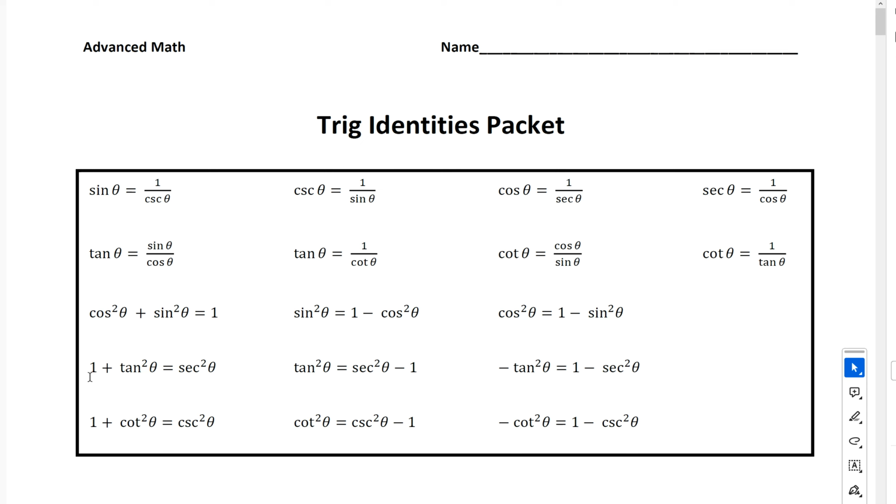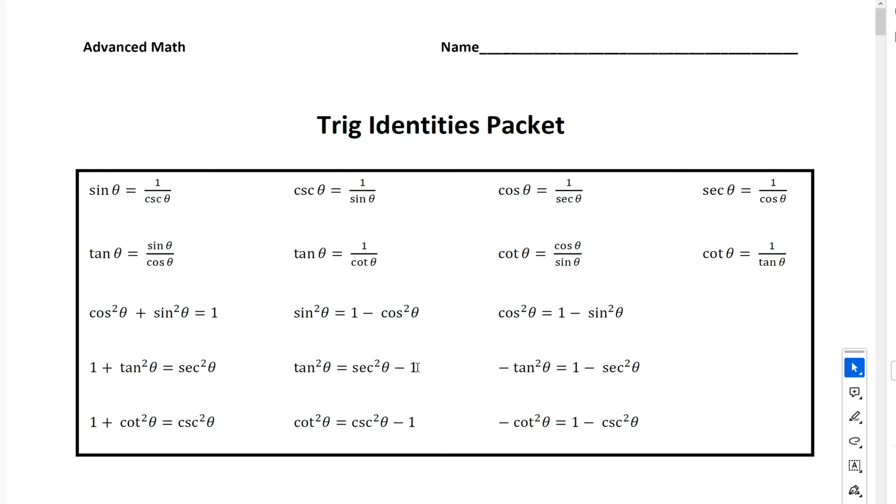We have 1 plus tangent squared, we have secant squared theta minus 1, we have 1 minus secant squared theta, but none of these are manipulated to where we see tangent squared minus secant squared theta. So you need to pick one of these to manipulate, and honestly this one here is the easiest to manipulate. Tangent squared equals secant squared theta minus 1.